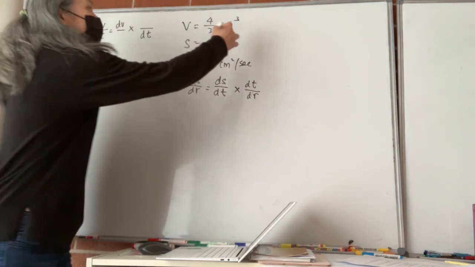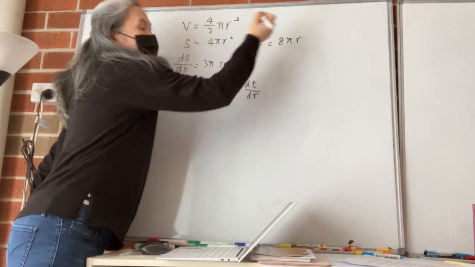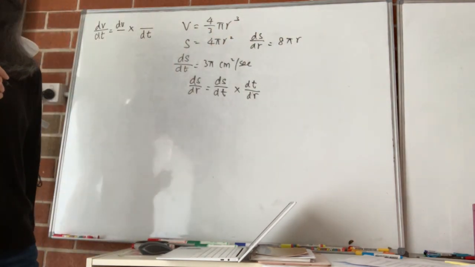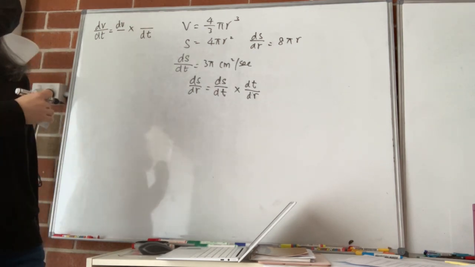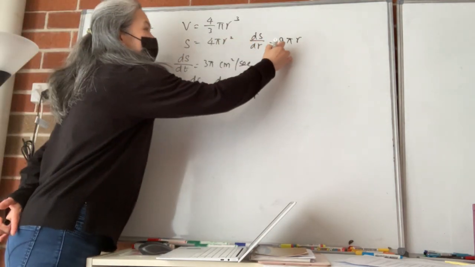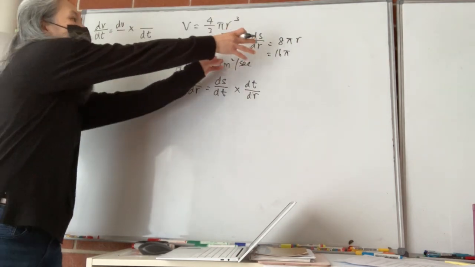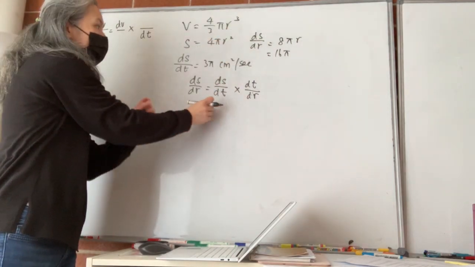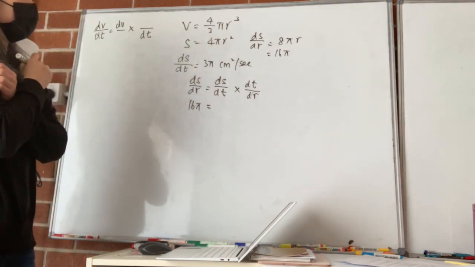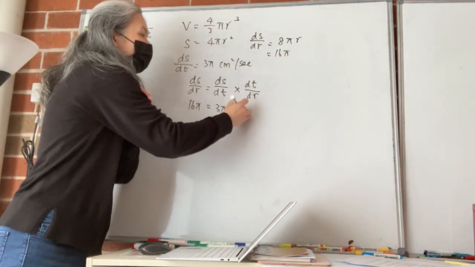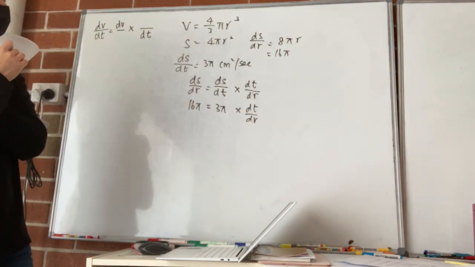Let's find it. dS/dr equals 8 pi r. And you know the r, right? Yes, I think we do. They do tell us. I differentiate, now I can put it in, so it's going to be 16 pi. If I put all the information in here, that gives me dS/dr is 16 pi, dS/dt equals 3 pi, and dr/dt.